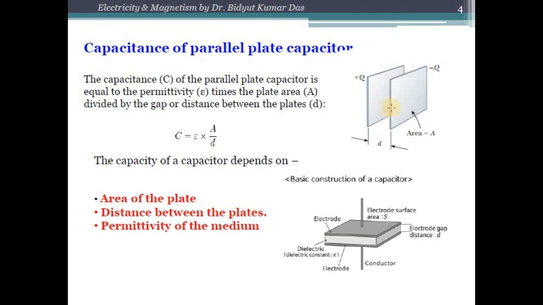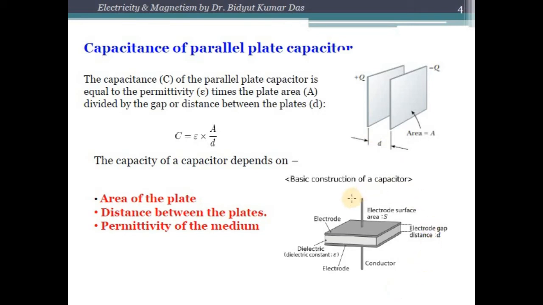And therefore, in order to reduce the possibility of discharge through the air, sometimes dielectric materials are placed in between these two plates. Dielectric materials have very high breakdown voltage, and so by placing a dielectric material, you can bring these two plates closer to each other.